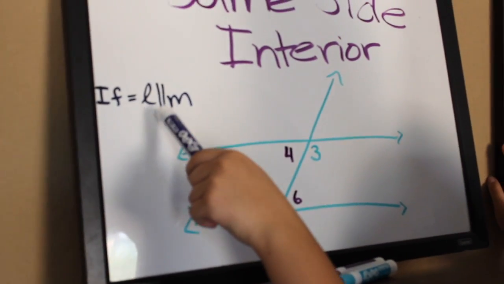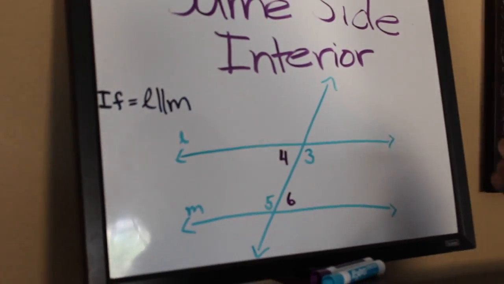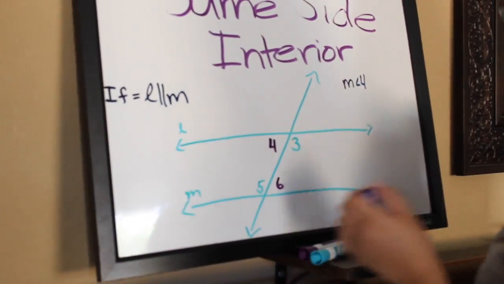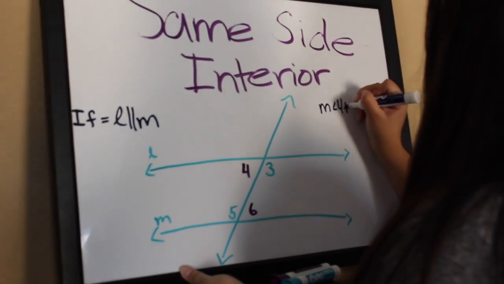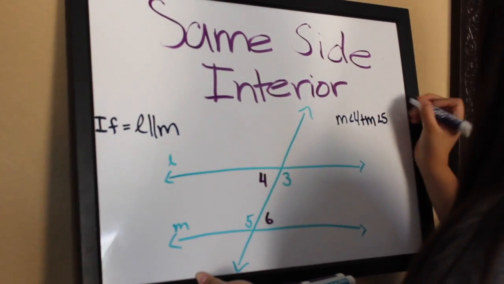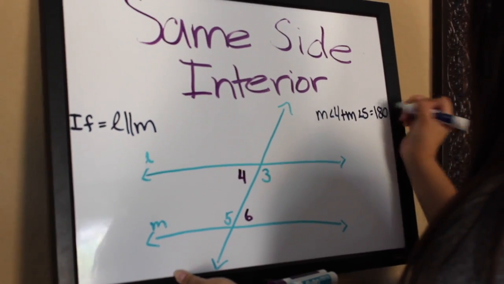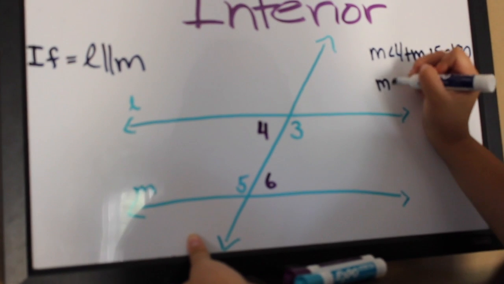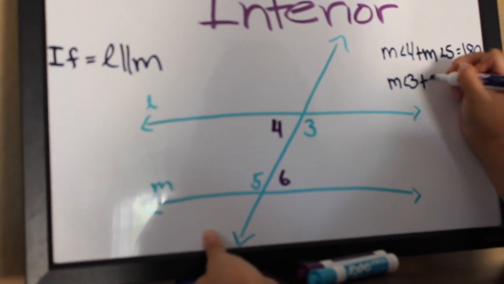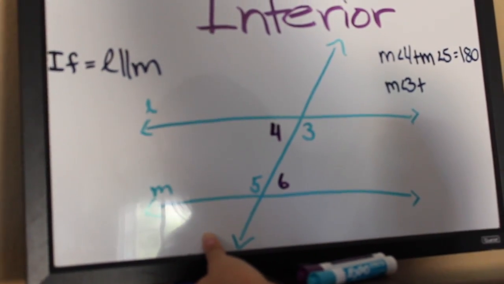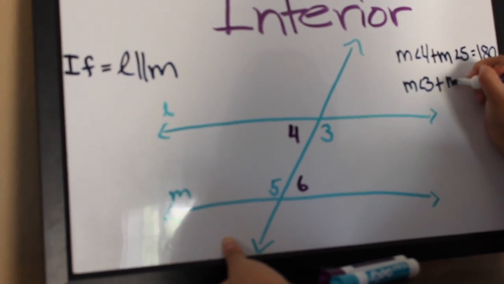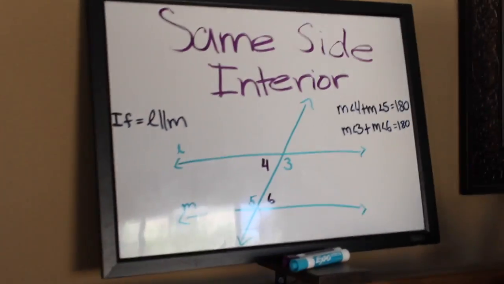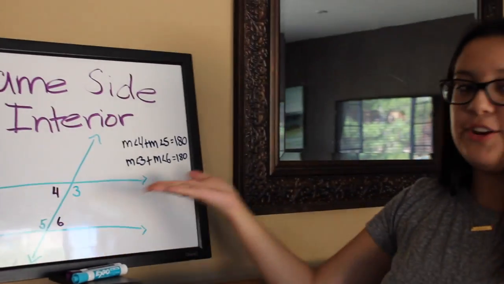If line L is parallel to line M, then M angle 4 plus M angle 5 equals 180. And if that is true, then M angle 3 plus M angle 6 also equals 180. So that is the same side interior postulate.